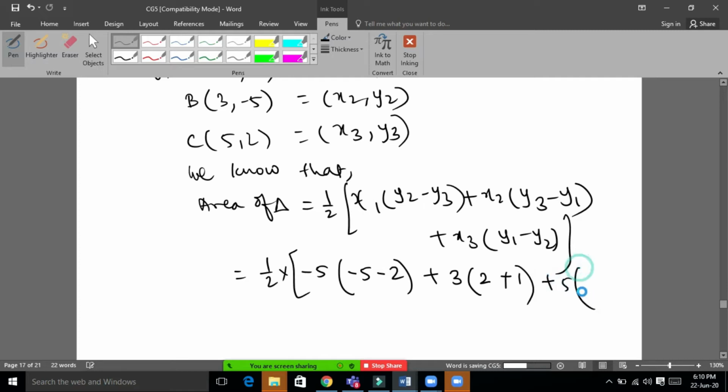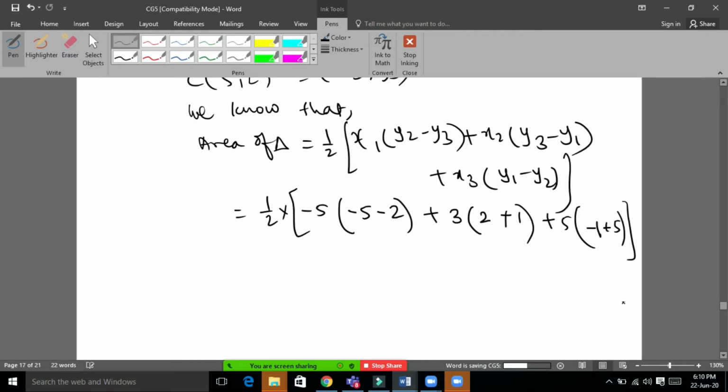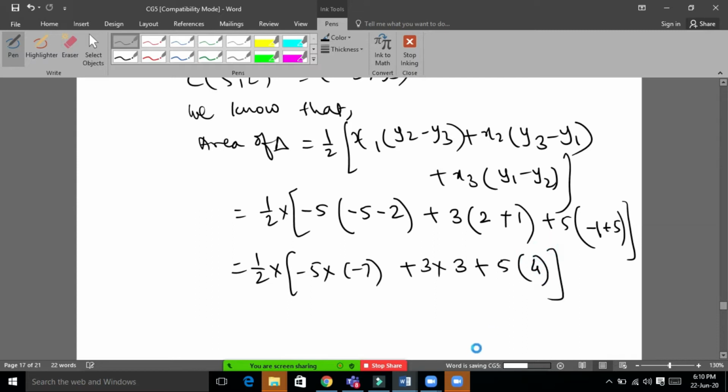Plus x3 is 5 into (y1 is -1 minus y2), y2 is -5, so it becomes plus 5. Bracket complete. That is equal to half into -5, now minus minus becomes plus, so -5 minus 2 is -7, plus 3 into (3) plus 5 into (-1 plus 5 is 4).